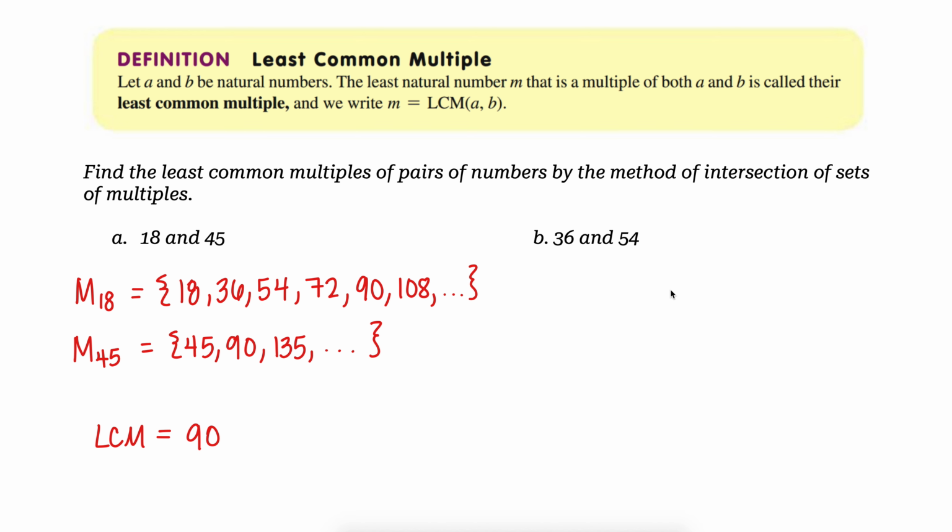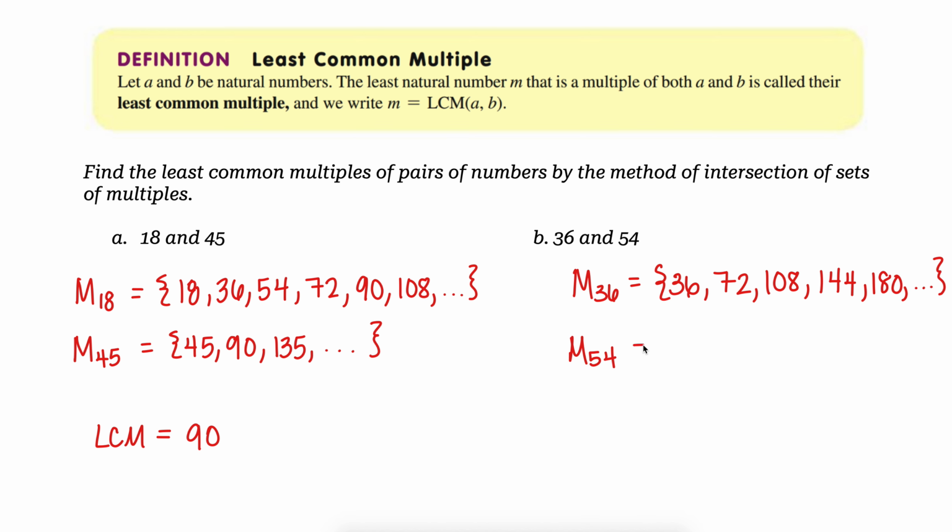So we do the same thing for 36 and 54. The multiples of 36 are 36, 72, 108, 144, 180, and it continues. I don't need to go any further, but it does continue.